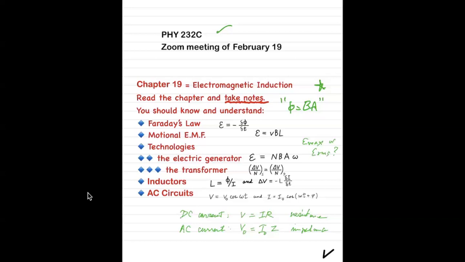Transformers are an important part of the electric grid. Throughout the United States, or throughout the area around cities, there are transformers which help to control the electric grid.